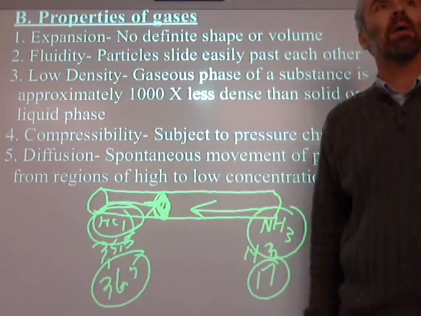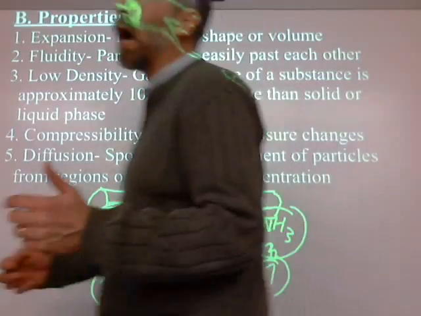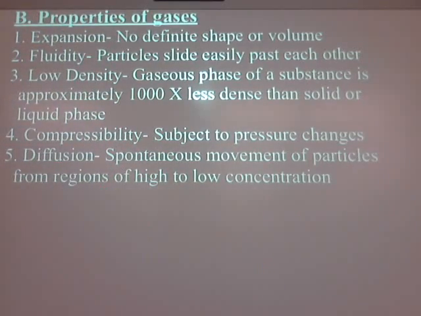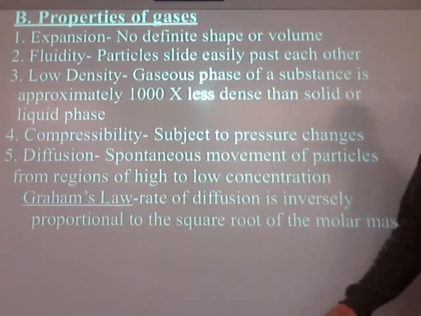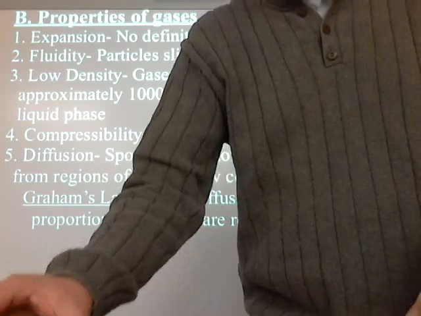And I can tell exactly how much faster by a calculation, by a law called Graham's law. Graham's law says the rate of diffusion is inversely proportional to the square root of the molar mass. Now, that sounds complicated, but it's not that bad. We'll be able to do 2 quick problems in here, and then we'll be done.